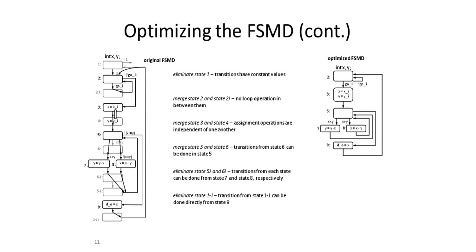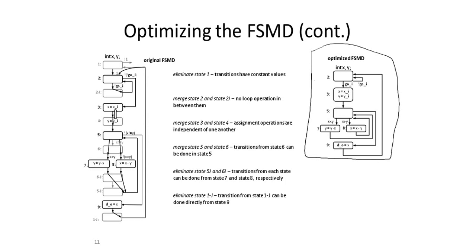So 5j or 6j could be removed in that case. Now the last stage, you can obtain the output directly from the last stage itself, so we don't need the last stage, that is the 1j state. Is it clear? The 1j state means again you are going into that loop, so it is not required. So this is your optimized FSMD.